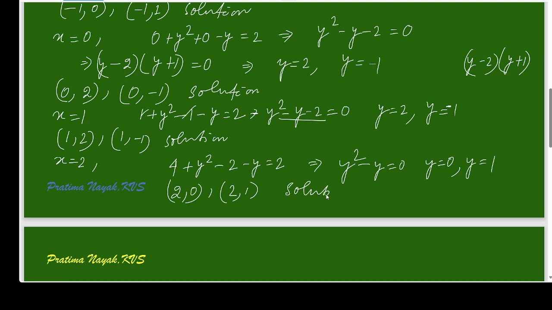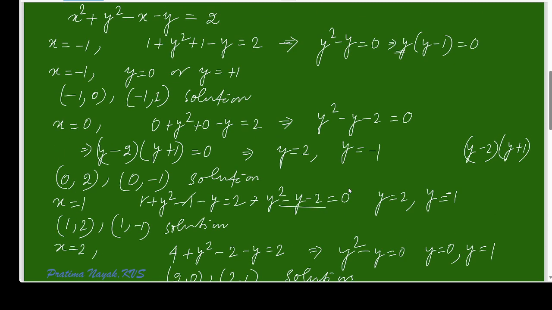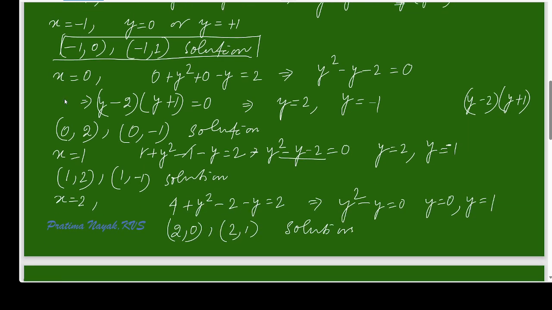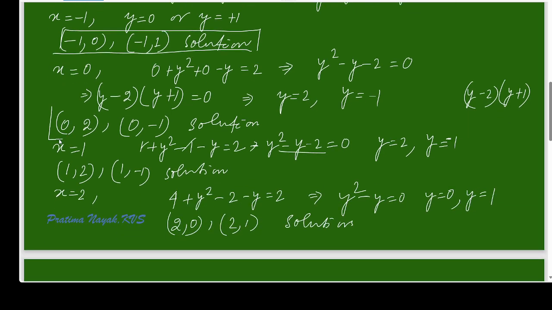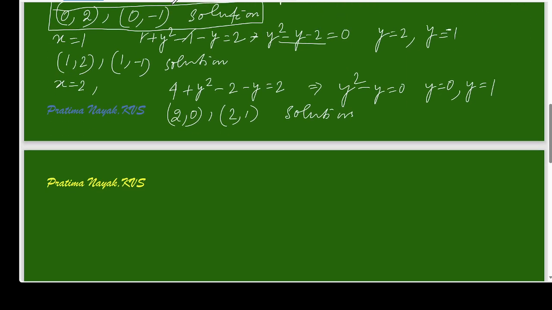What are the final solutions? Let us write together. One was minus 1, 0. Next was 0, 2 and 0, minus 1. Next is 1, 2 and 1, minus 1.